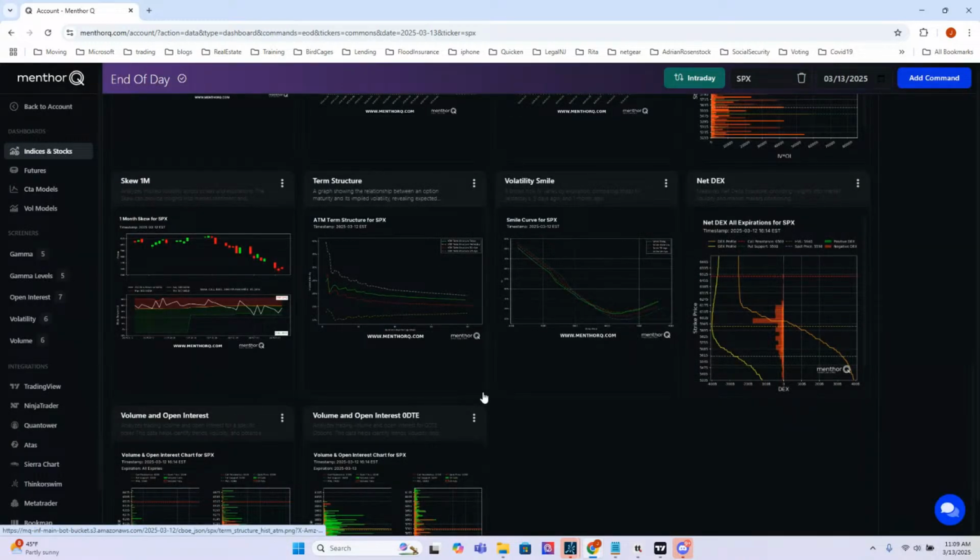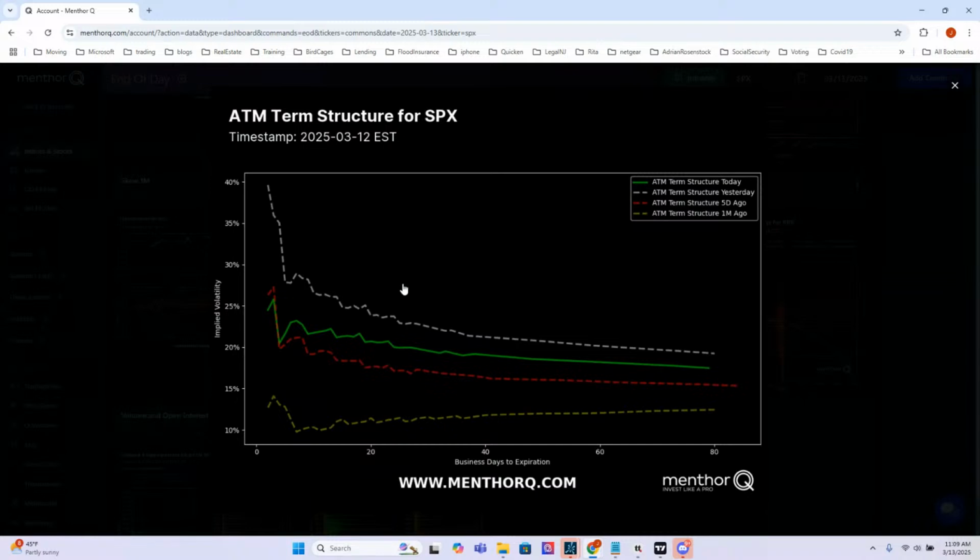Then I use this particular feature as well, the term structure, which shows where we are relative to where we were in the past. Is volatility increasing? Is volatility decreasing? So that's really what it is, and where we were relative to yesterday and a few days ago.